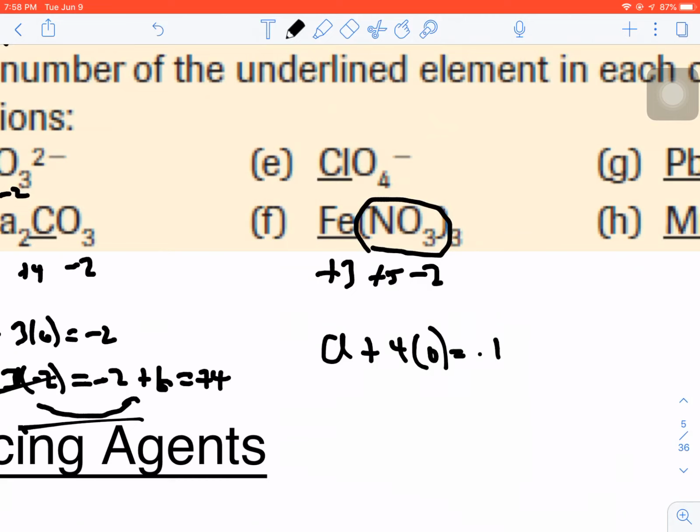But I know oxygen's always minus 2. I've got 4 times negative 2 here, which makes negative 8. So I'm going to bring it across to this side as plus 8.